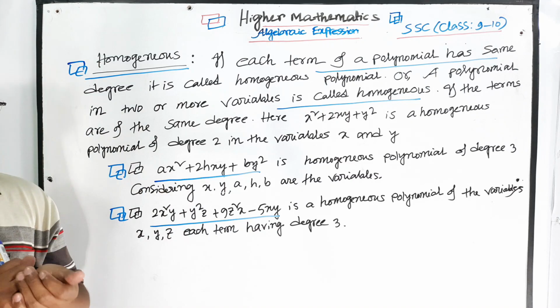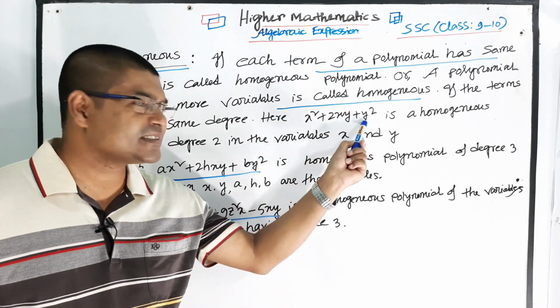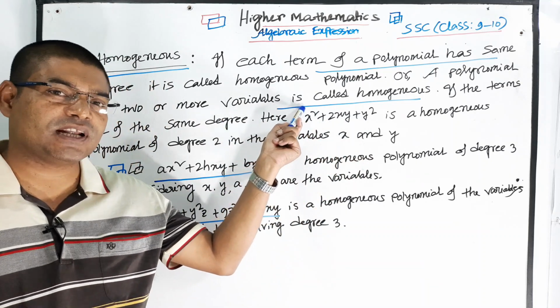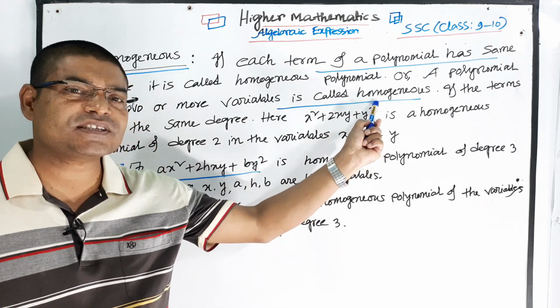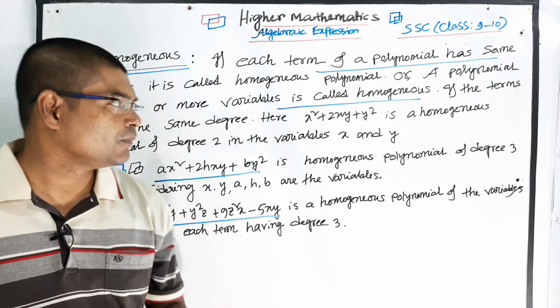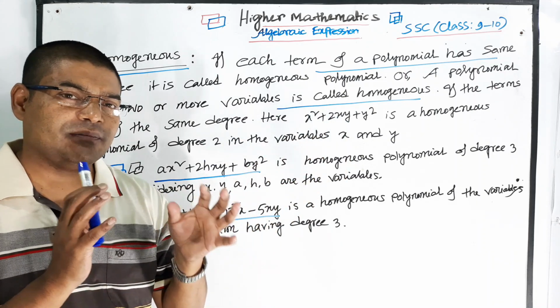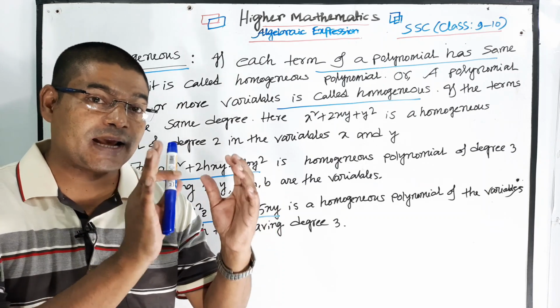Always you have to think that here x and y are the variables. Here is x square, that means power is 2, that means degree is 2. Here is y square, degree is 2. Here is x and y. So you have to calculate the variables' power.